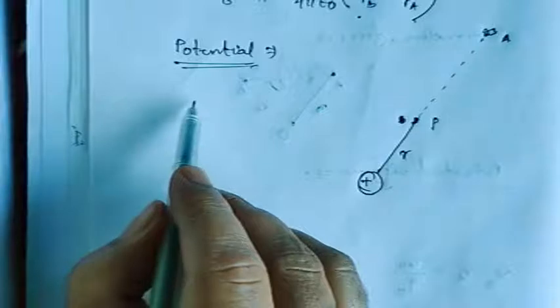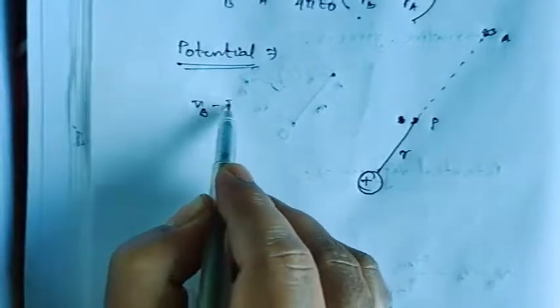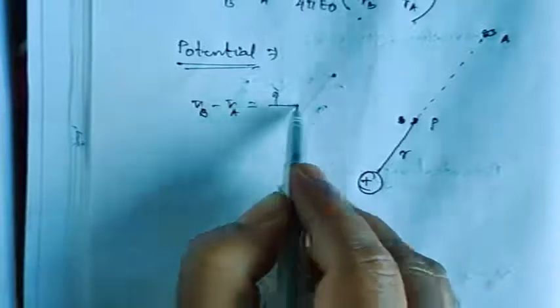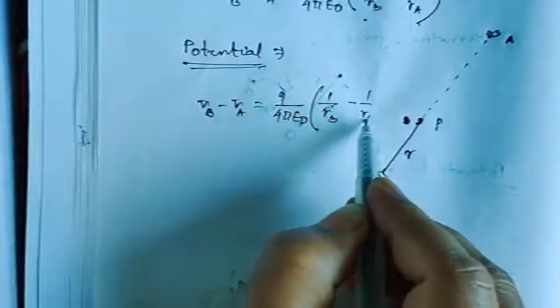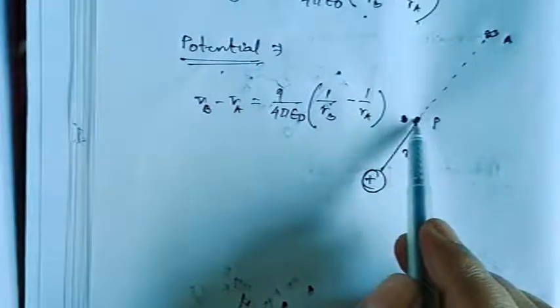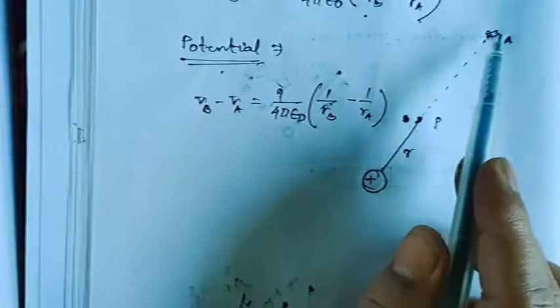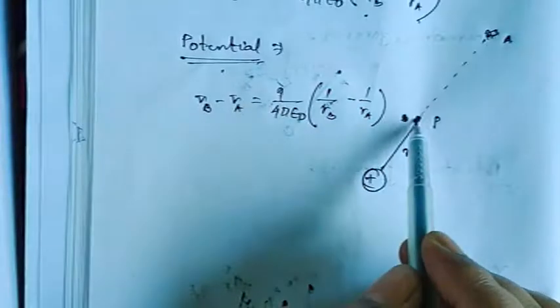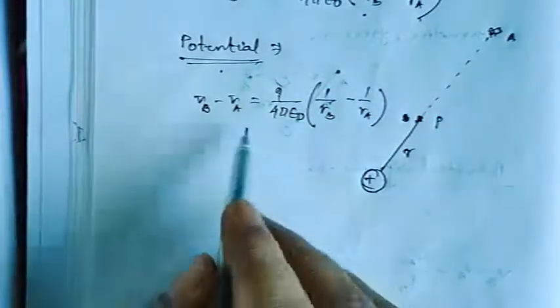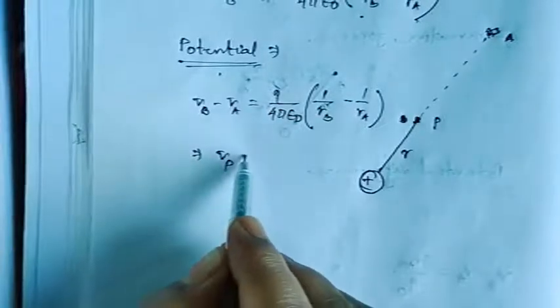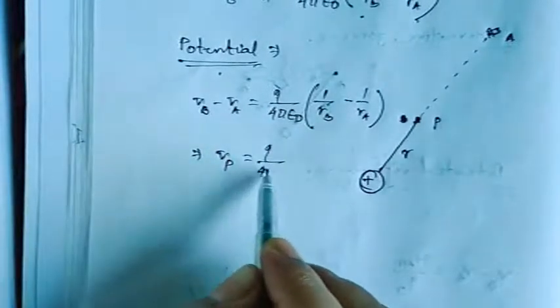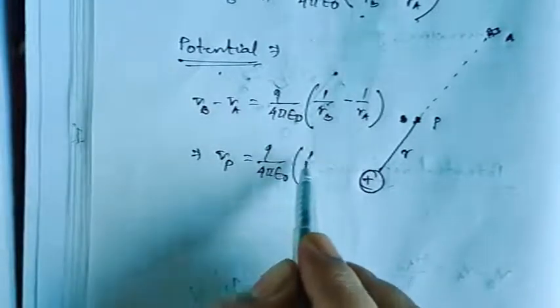Now according to the formula VB minus VA equals Q by 4 pi epsilon naught within bracket 1 by RB minus 1 by RA. Now potential means it is the work done to bring a unit positive test charge from infinity to that point. So according to this formula, potential at point P, VB minus VA, is nothing but potential VP equals Q by 4 pi epsilon naught within bracket 1 by RB.